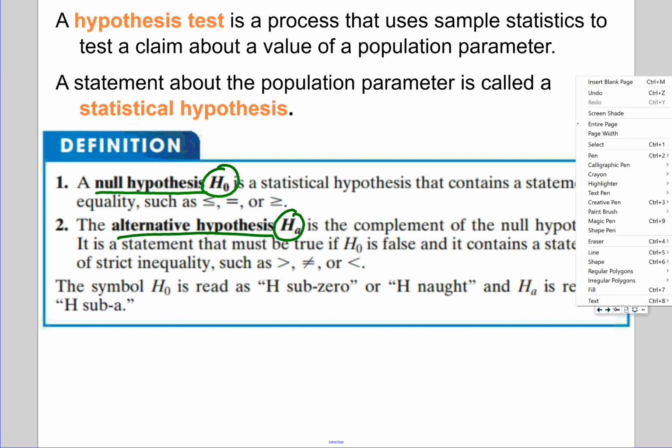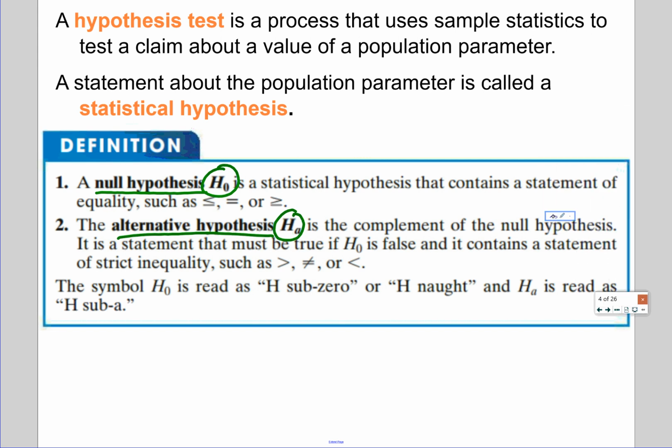How do you know which one is which? The null hypothesis will always be the one that contains some sort of equality in the statement. So less than or equal to, greater than or equal to, or just flat out equal to. Anything that's equal will be in the null hypothesis. And then the alternative hypothesis will be essentially the complement, the opposite of that.